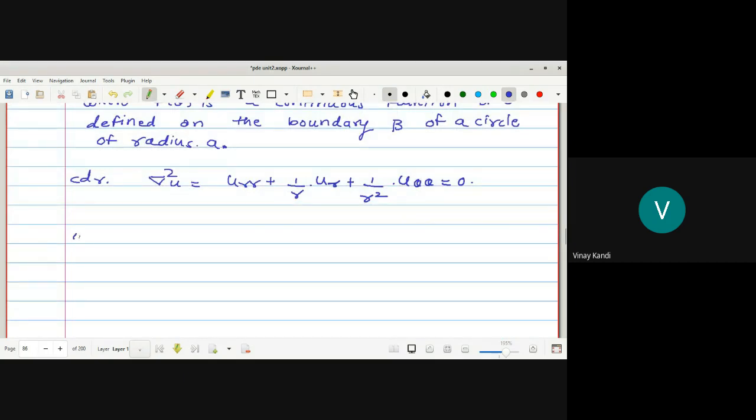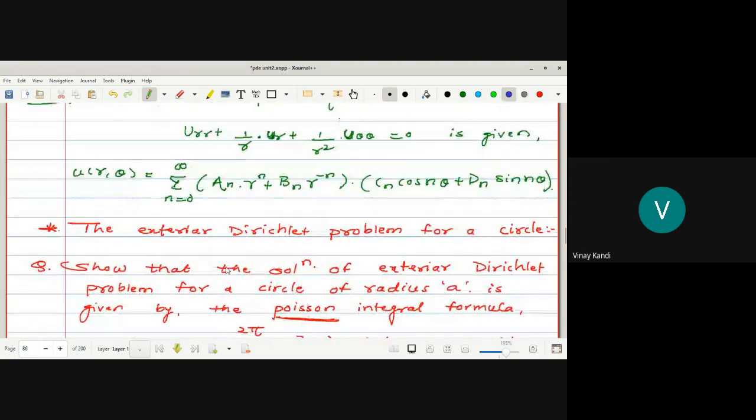So we know that its solution is given by u of r theta, the function of r and theta, equal to a summation. Instead of a n, b n there, take c n, d n, and here take a n, b n as constants.